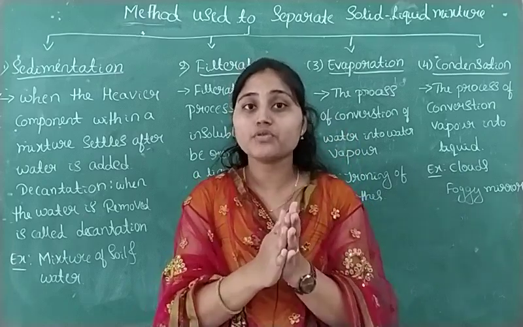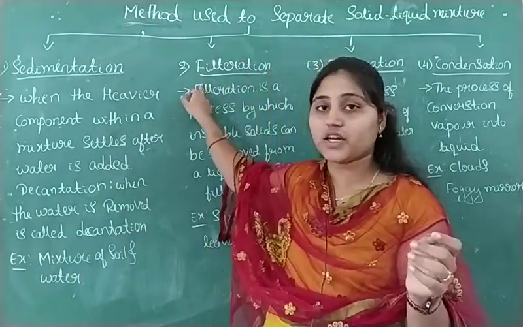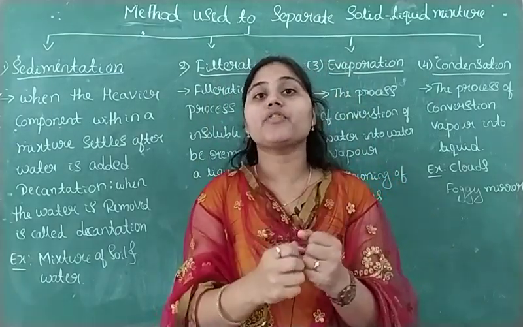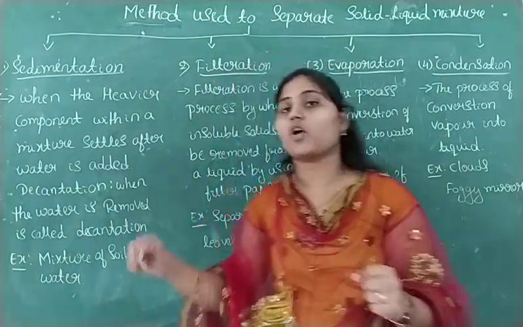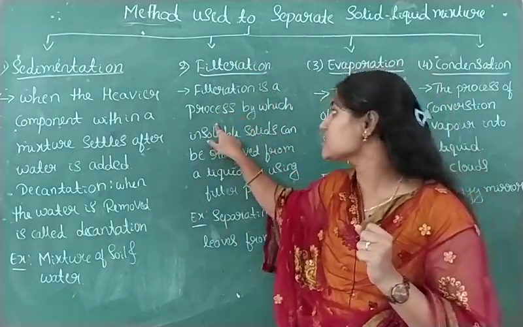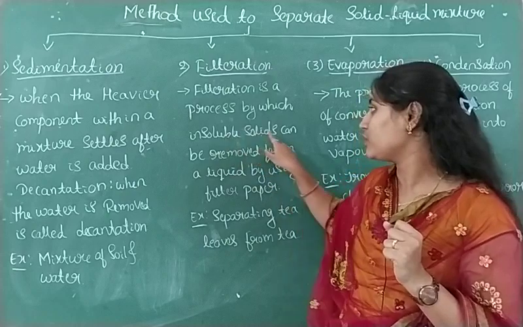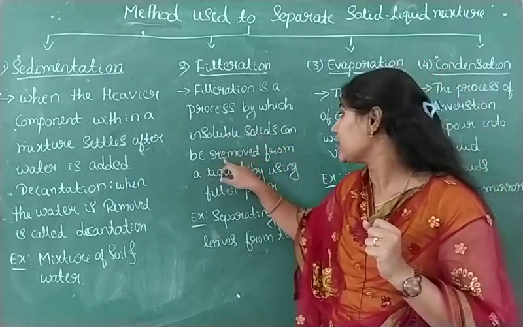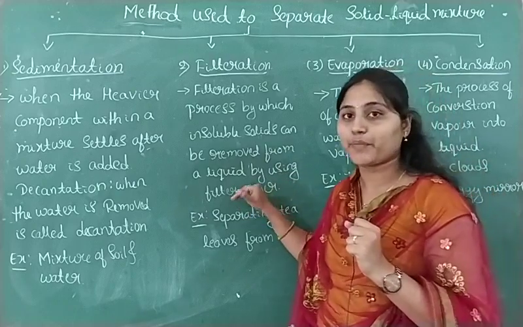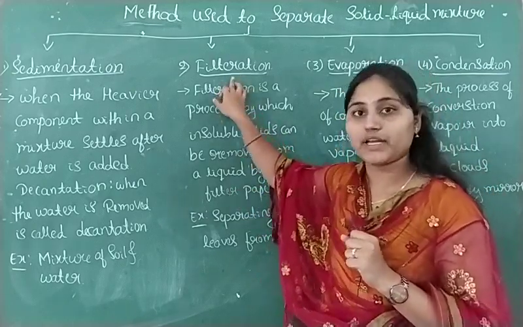We have to use the filtration method to clean or purify the water. Filtration is a process by which insoluble solids can be removed from a liquid by using filter paper. That we call filtration.